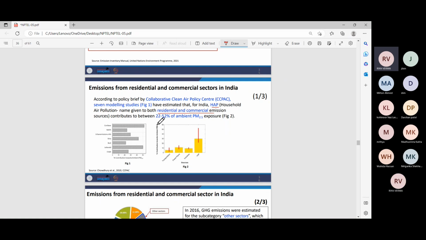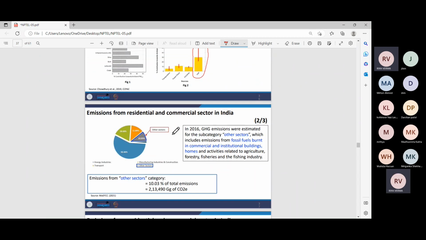That is a major amount, we can say the majority of total PM2.5 emissions in the ambient air are created by household air pollution, because transportation is, I guess, approximately 5%, power plants we can say 10 to 12%, industries also approximately 10%. So a major contributor is household air pollution.